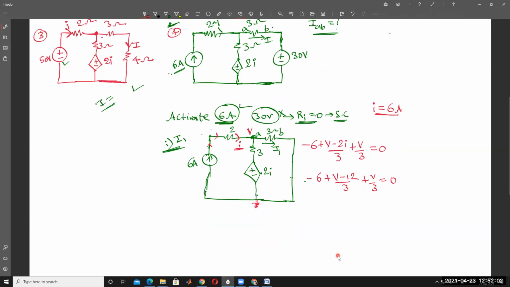Find V, and find I1 is equal to V by 3. This is the current flowing in this direction. V is equal to 15. Then I1 is equal to 15 divided by 3, 5 amps.